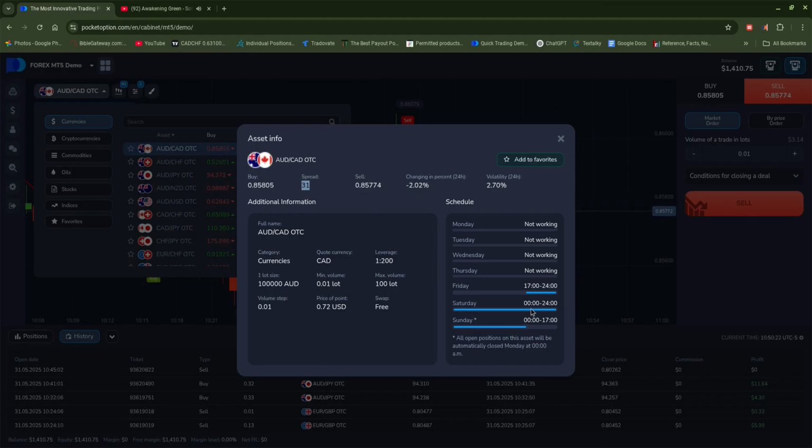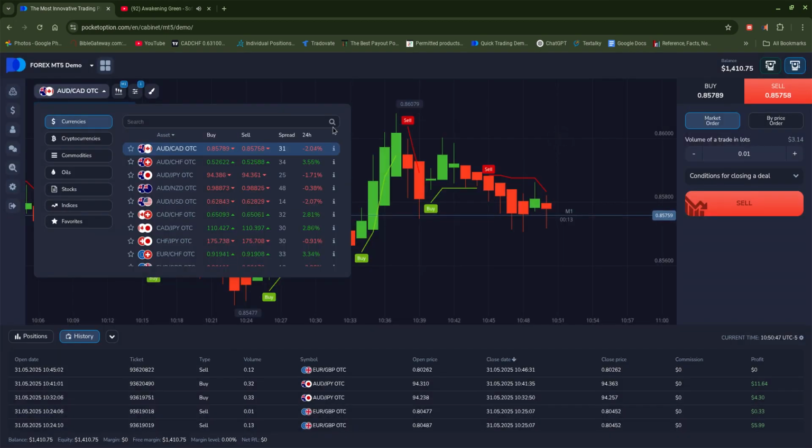Okay, so my time on Friday was 5 p.m. It opened right here. All through Friday, Saturday, Sunday. On Sunday, the real markets open back up at 5 p.m. probably. Okay, so that gives you 2 full days, 24 hours a day, to trade the OTC on really low spreads. I love it.